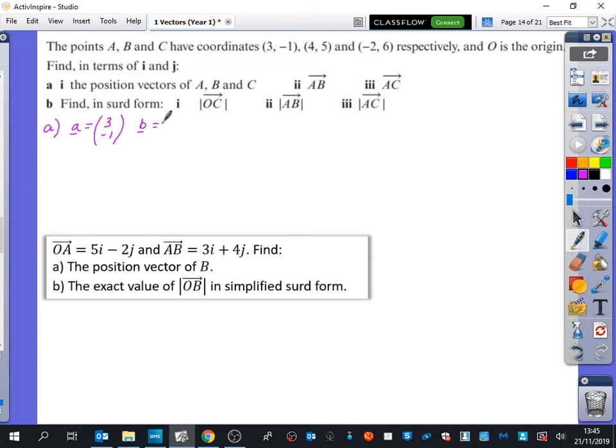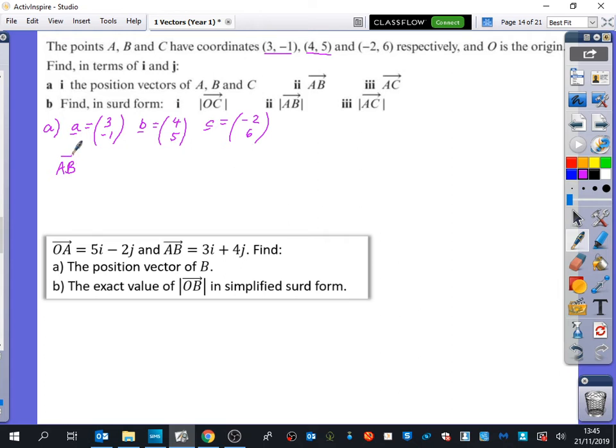The position vector of B is just 4, 5. You can see I'm just taking these from up here. And the position vector of C is minus 2, 6. Pretty simple. We've just grabbed the coordinates and we've changed them from coordinates to position vectors. That covers that first slide that we looked at.